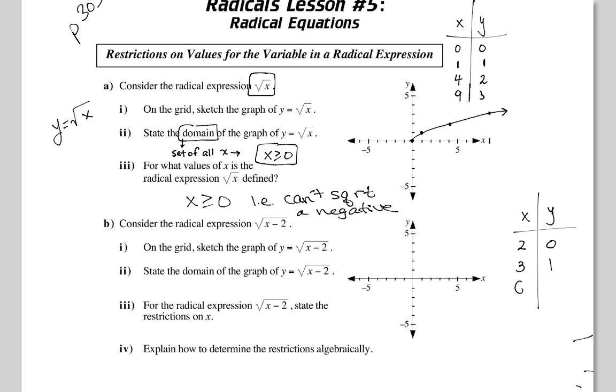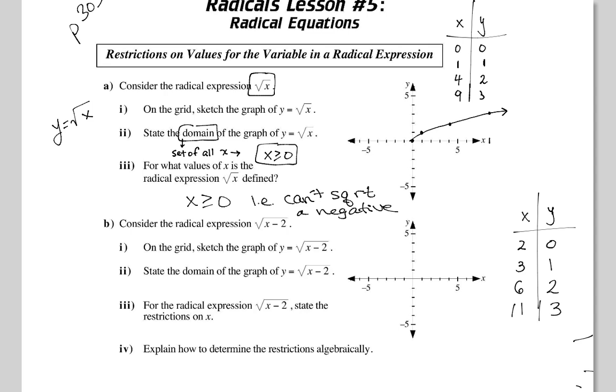What happens when x is 6? 6 take away 2 is 4. The square root of 4 is 2. What's the next nice point? 11. What happens when x is 11? 11 take away 2 is 9. Square root of 9 is 3.